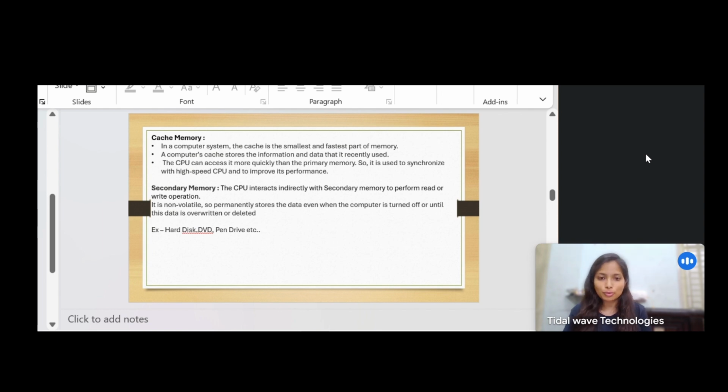This is the most important point that you can write in the difference, or when they ask the difference between primary memory and secondary memory, which we'll see in the next slide. And it is also non-volatile. Here we can say that permanently the data will be stored even when the computer is switched off. Whereas primary memory is volatile. Data will not be stored when the computer is switched off.